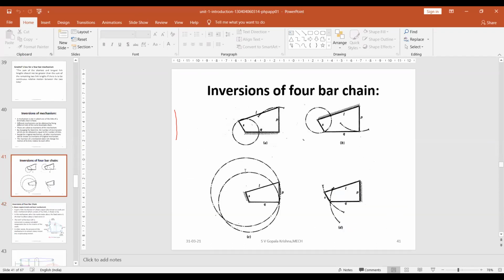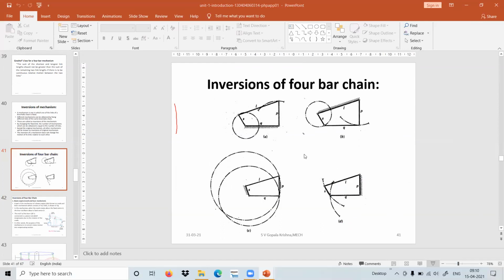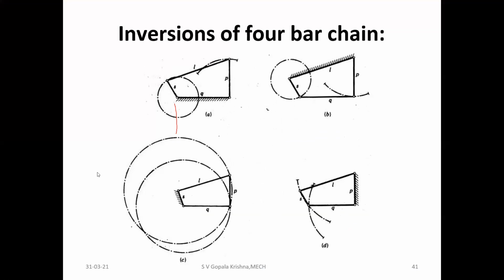Now, what are the inversions? They are represented in this diagram. Observe that the first time, the fixed link is in figure A, the second time the opposite side of the fixed link is taken, and the third and fourth times other links are considered.